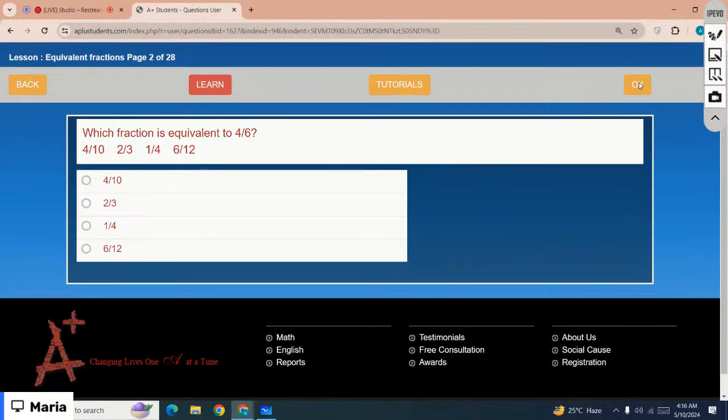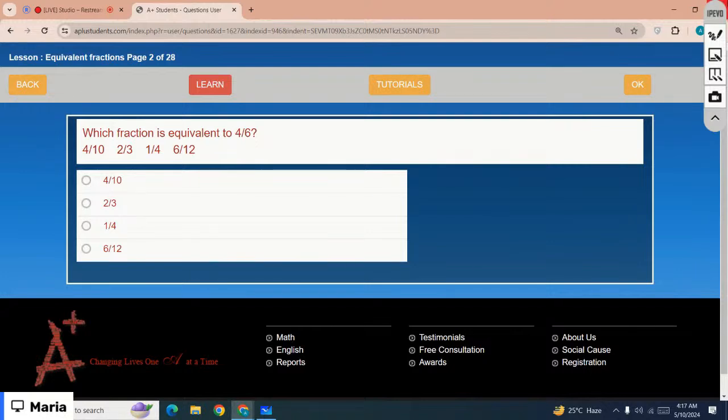So which is the correct option? The correct option is 2 over 3.